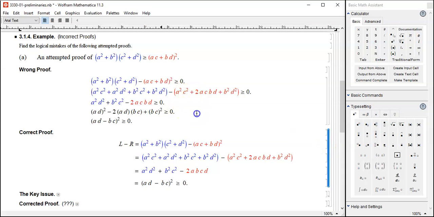Wrong proof here and correct proof here.